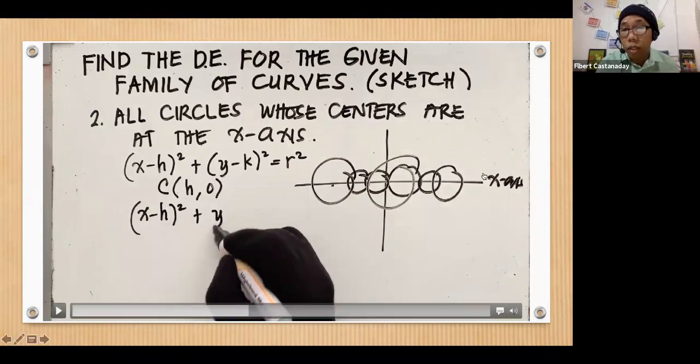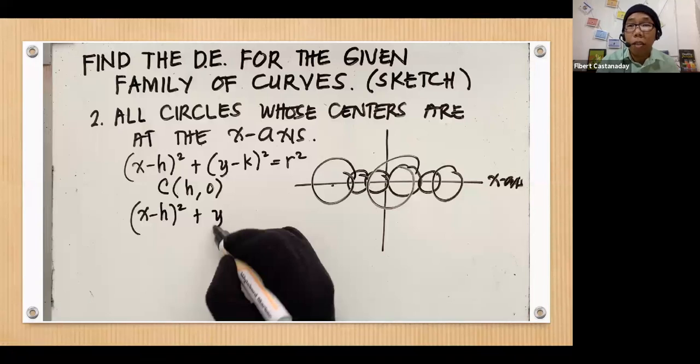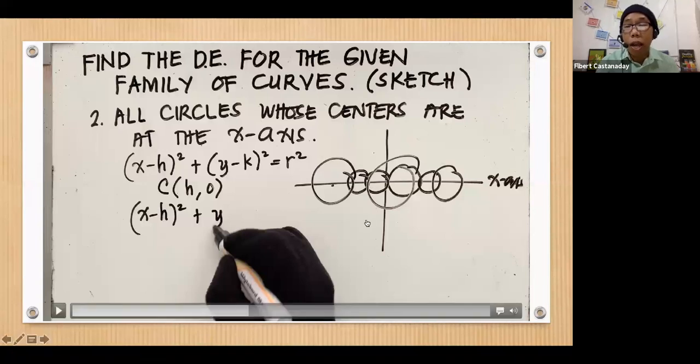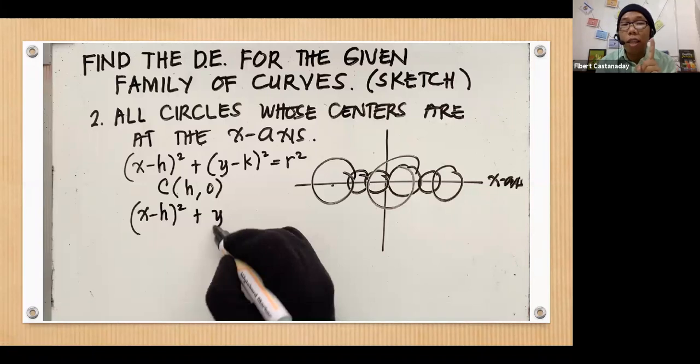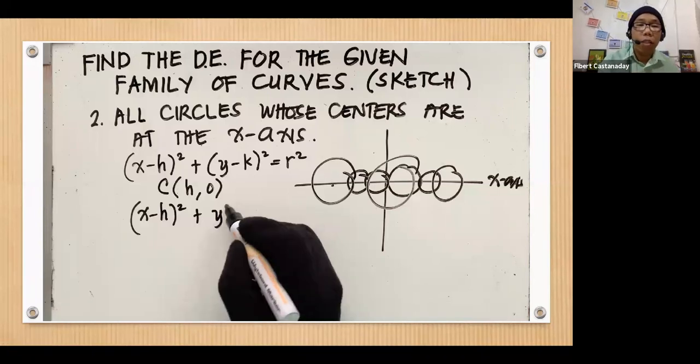Constant siya na 0. Yung nagmo-move lang dyan is yung x mo sa x-axis, yung h value. So yun yung parameter natin. And of course, the radius is also one of the parameters because there are, di ba, different sizes ng circle. One radius of the circle and one value of the h represents one circle.